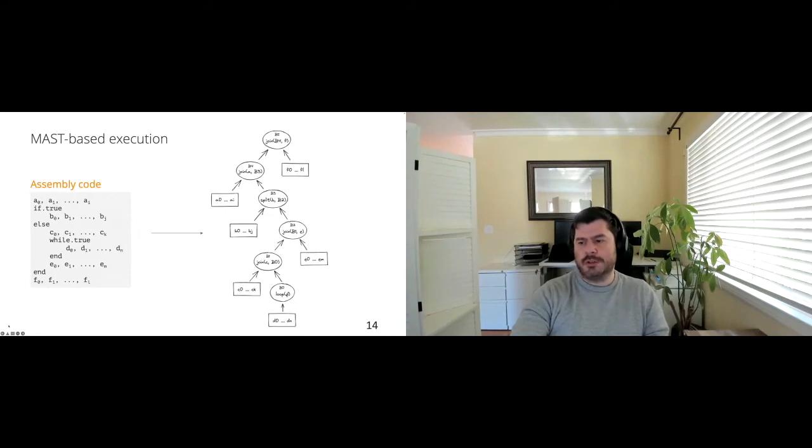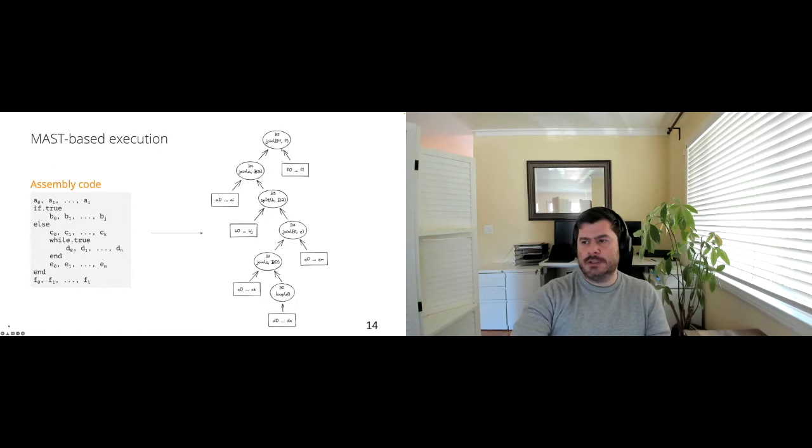And a loop block just executes whatever is inside of it until the top of the stack becomes false. So this program can be represented as this abstract syntax tree. But we also make it a Merkle tree, so you can hash each of these blocks, and in the end, the entire program can be represented by a single hash that is the root of the program.